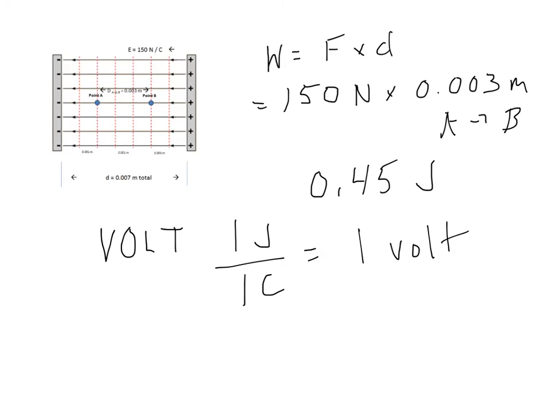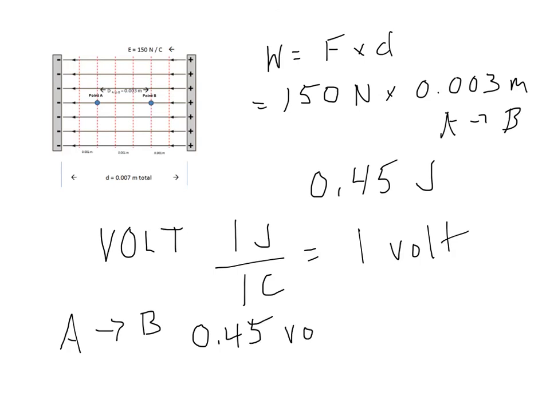That means in our story, if a positive charge was dragged from A across to B, it would have a potential energy increase of 0.45 joules per coulomb. In other words, from A to B, the electric potential difference is 0.45 joules per coulomb, or 0.45 volts.